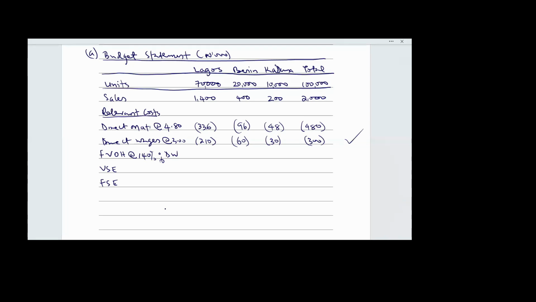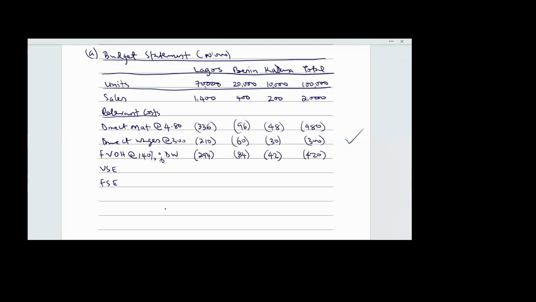Therefore, 1.4 of 210, what do you get? 210 multiplied by 1.4 is 294. 1.4 multiplied by 60 is 84. 1.4 multiplied by 30 is 42. Then 1.4 multiplied by 300 is 420. So we are done with that.